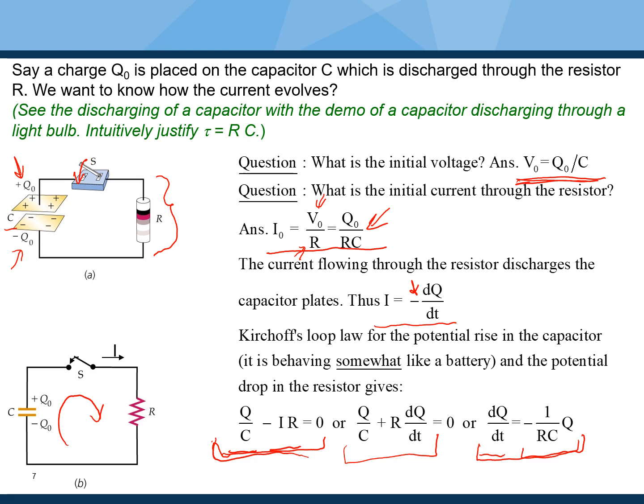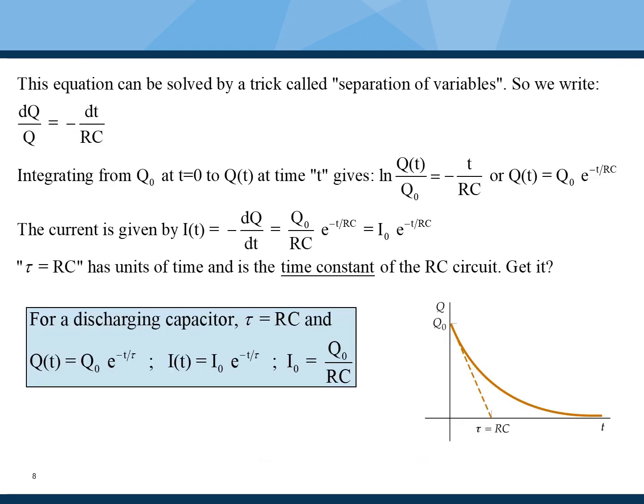Notice that the capacitor initially had a lot of electrical energy because it was charged up, and all of that electrical energy is essentially flowing by way of the current through the resistor, and the resistor is basically going to dissipate this energy as heat. So that is also something to be mindful of.